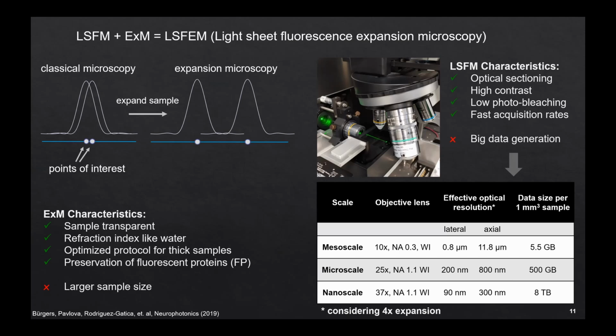That is, of course, not ideal if we want to see a big sample. So that's why we recommend a multi-scale approach, playing a little bit with the expansion factors and the objectives of your microscope. That's something that I will show you with some examples now.